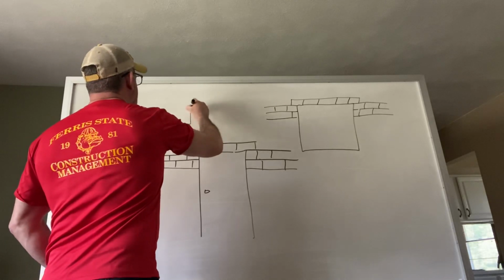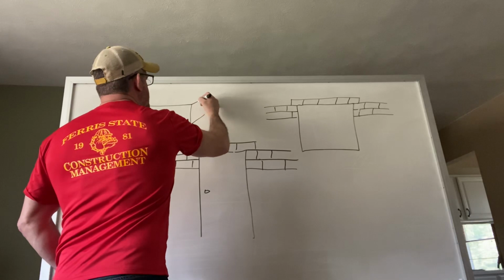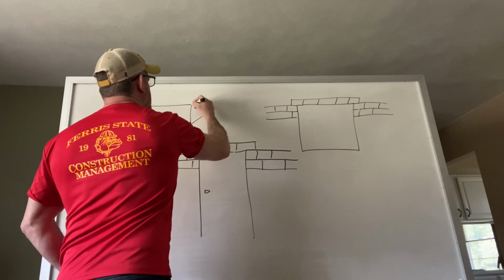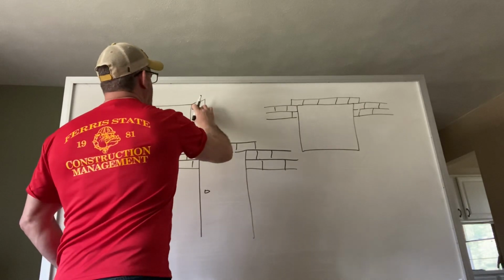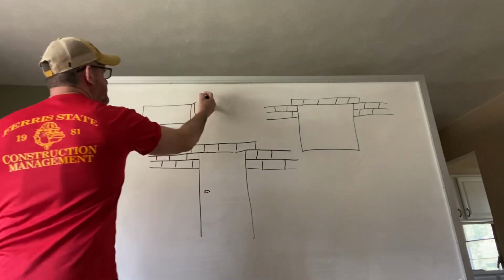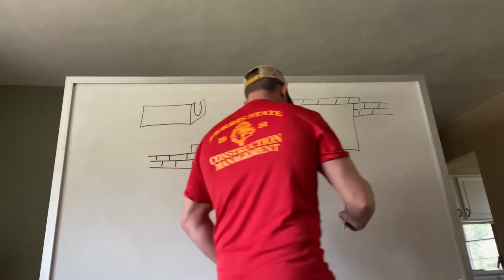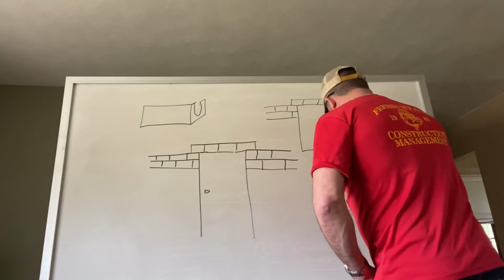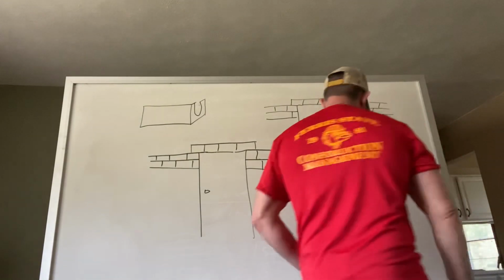So if I look at my block right here, a lintel block would look like that. Or if we look at it just on its edge, a lintel block would look like that.